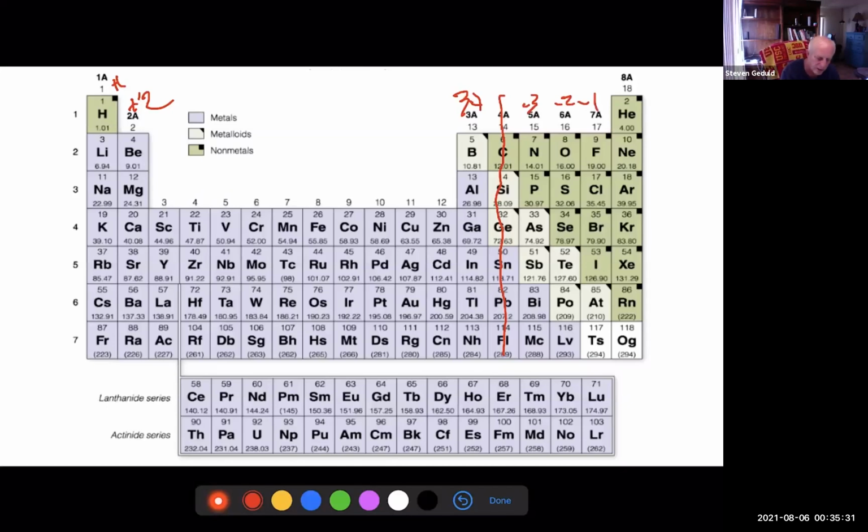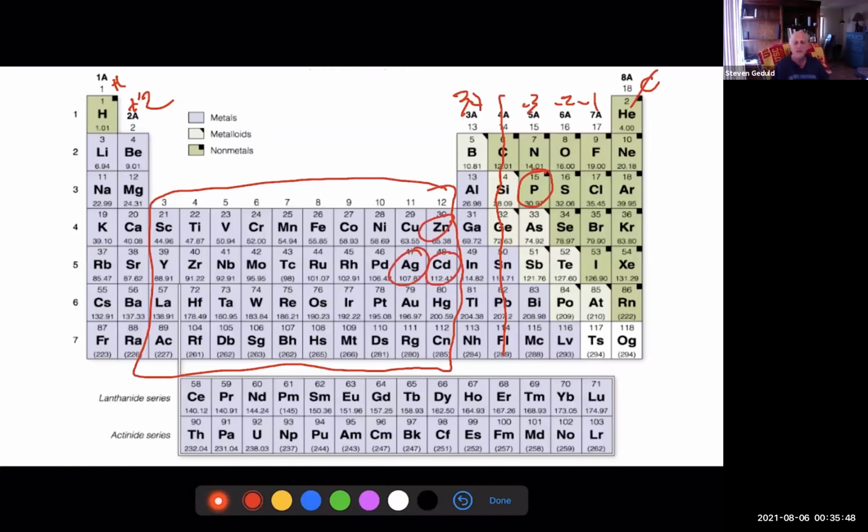So look at phosphorus, it's right here in the -3 column. So that's what the charge is, -3. The noble gases have a 0 charge, and all your transition metals here vary. They can have different charges depending on what they are, with the exception of zinc, cadmium, and silver. Silver is always +1, zinc and cadmium are always +2. Those are the three exceptions to the transition metals having varying charges.